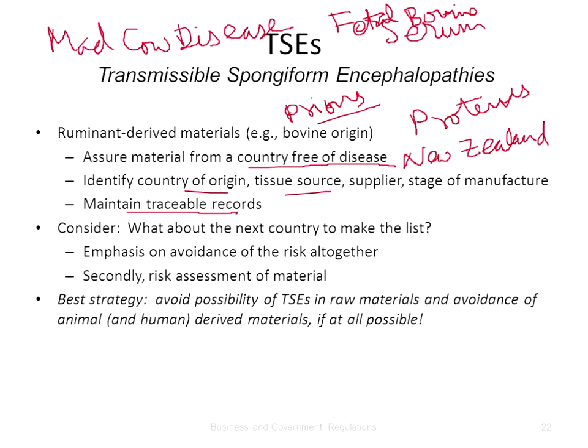It is possible, right? It is possible, even though we take all kinds of precautions. So really the best strategy is to avoid possibilities of TSEs in the raw materials. So there is a lot of research going on protein-free media, for example.